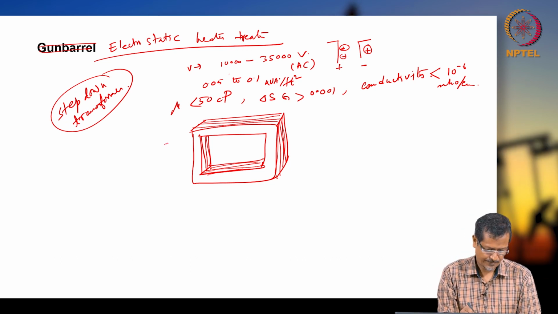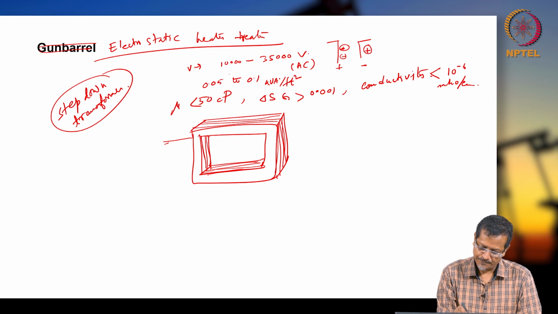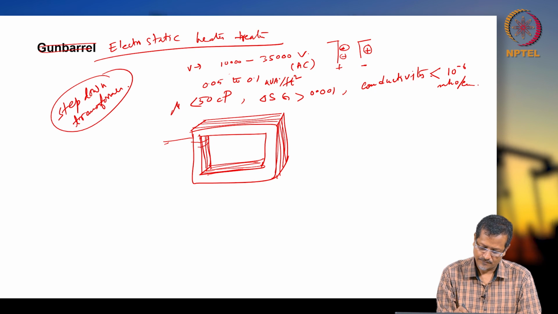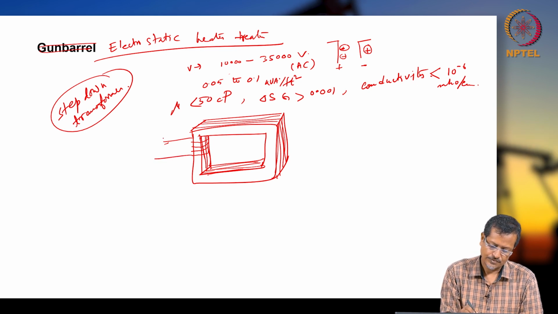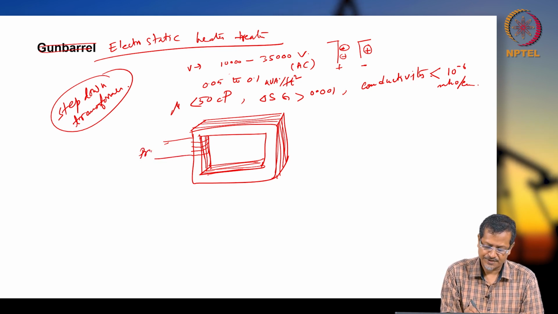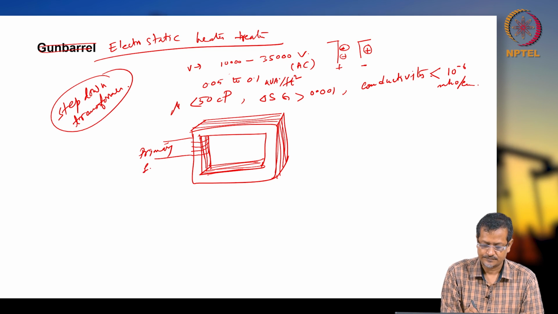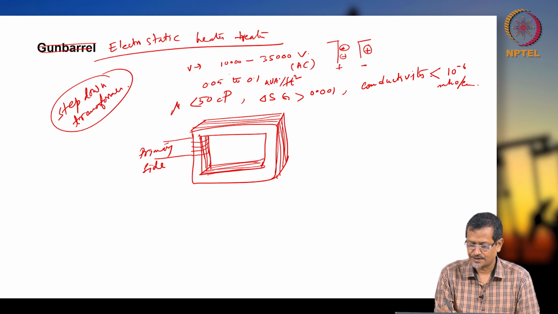Now you have the coil. This is the primary side, and this is the secondary side.